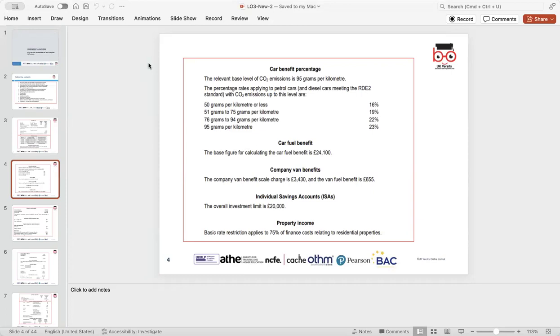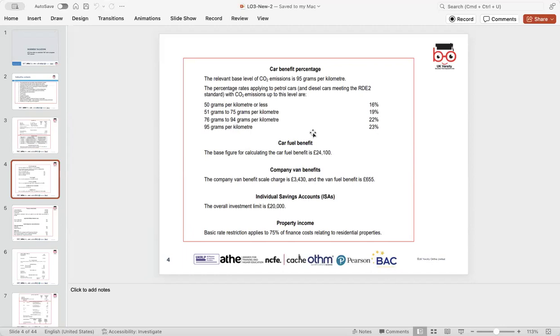So percentage rates for petrol and diesel cars meeting the RDE2 standard are determined based on their CO2 emissions. For cars emitting 50 grams per kilometer or less, the percentage rate is 16, then 50 to 75 is 19, then 22, and then 23.